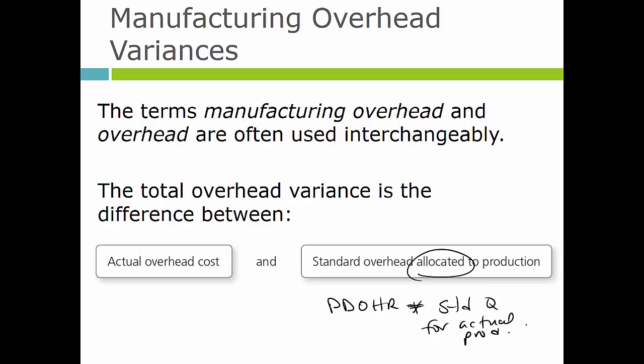If you review the journal entries for this part of the chapter, we see we put everything into work in process at standard. So that means when we're applying the overhead rate, we're doing it at the standard, so the standard for that level of production. I'll show you. It might make more sense when I do problems.